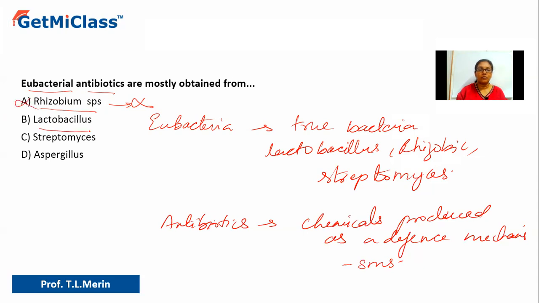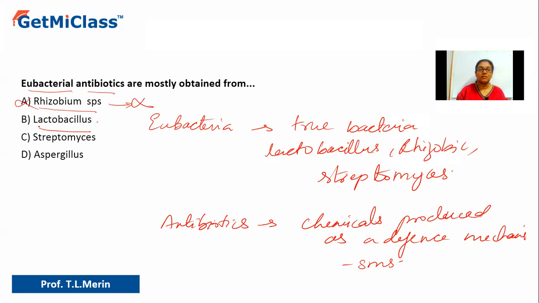Option B is Lactobacillus. Lactobacillus is a true bacteria, but it is mostly used for conversion of milk into various milk products, and it is also used as a probiotic. Probiotic in the sense that it keeps our intestinal environment, that is the flora of microbes, in check.